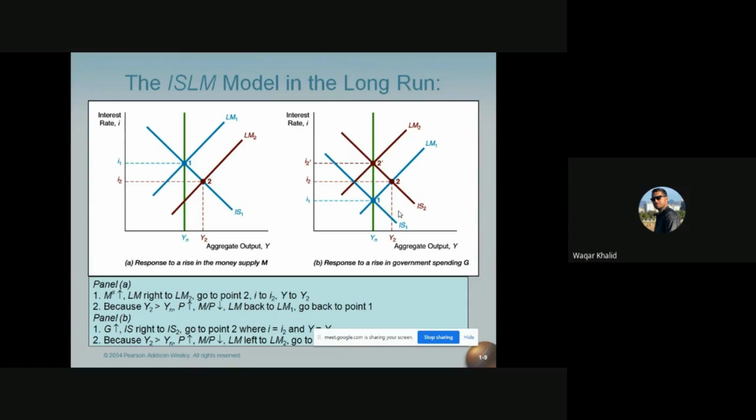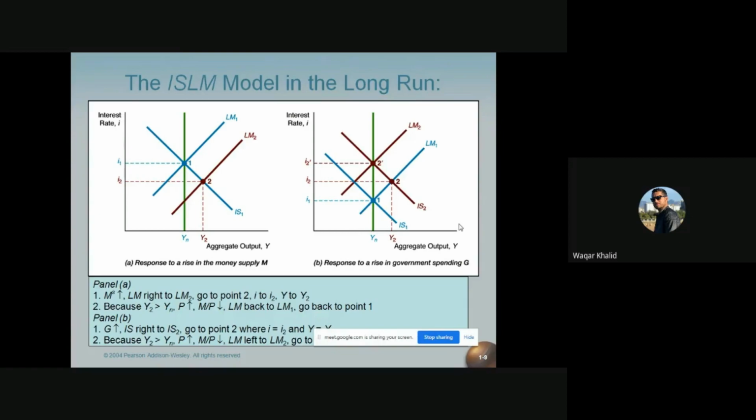The price level begins to rise because the economy is in a boom situation. When the economy is producing at Y2, what will happen? The price level will rise. And you know that if the price level rises, what will happen to the real money balances?